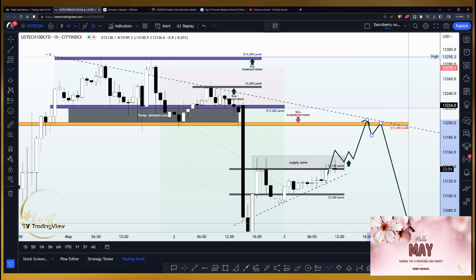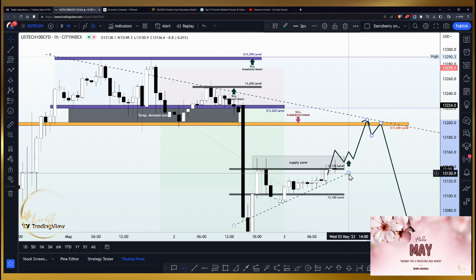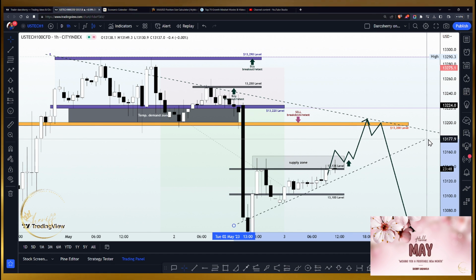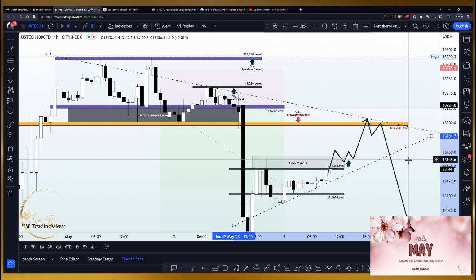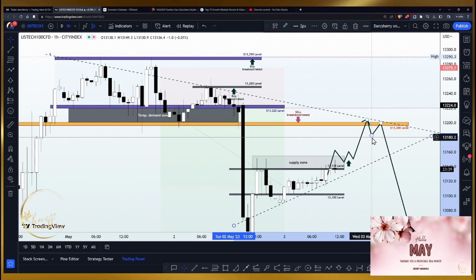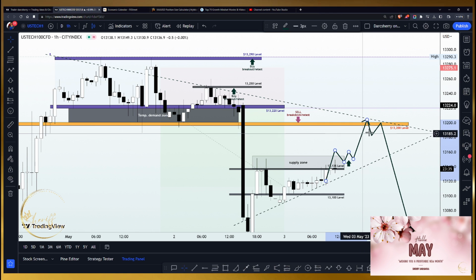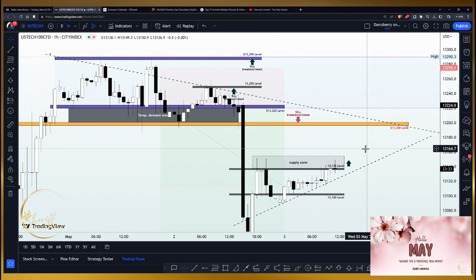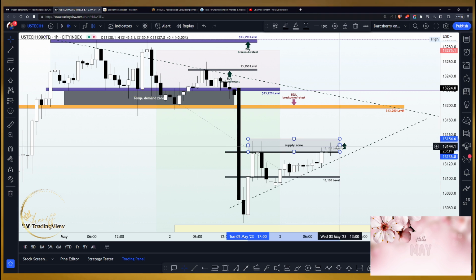Then we could actually join that move to the downside. I would like to extend this bullish trend line here a little bit, so it could be one of our parameters that we are going to be using to guide trading activity if price action ever gets into the $13,200 area. So that is how to look out for trading opportunities above the 13,000, above the breakout of the supply zone.